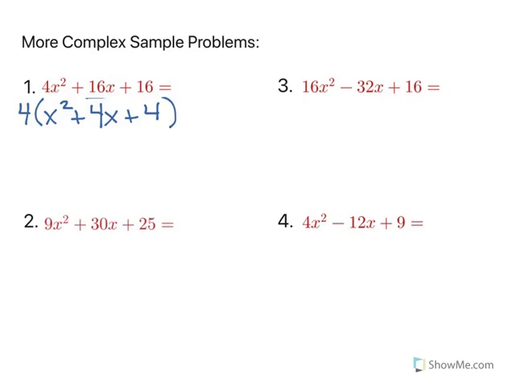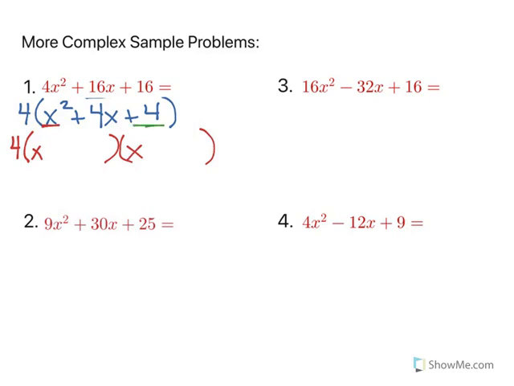Inside the parenthesis is still a perfect square trinomial. So now we can factor out the perfect square, but this time there's no coefficient except for the 4 that's outside the parenthesis, and therefore it's already factored out. So we put the 4 on the outside of the parenthesis, we draw our 2 parentheses, we know that x squared is x times x.